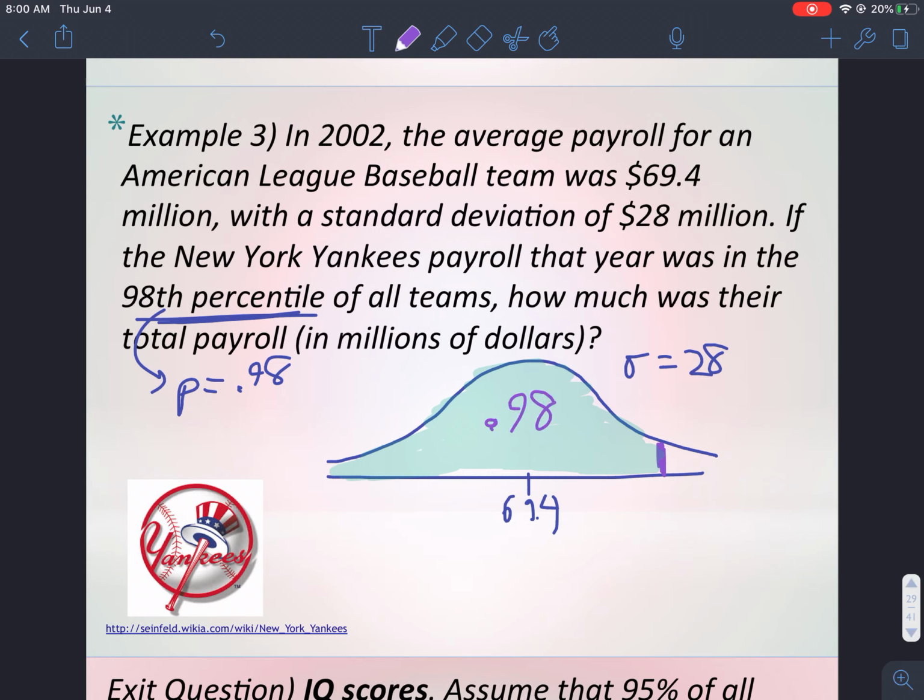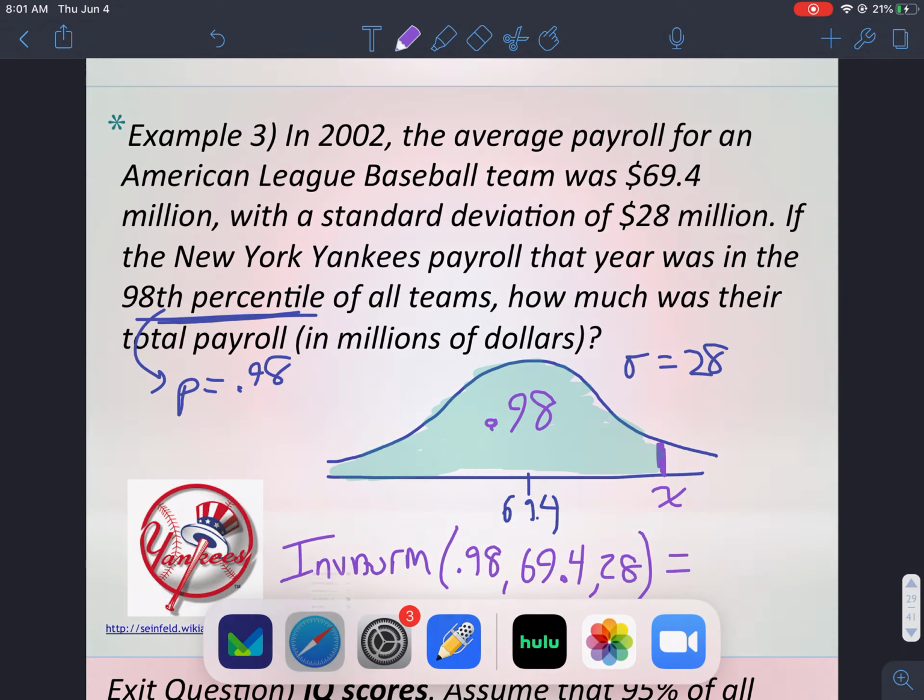And so inverse norm of 0.98, comma, 69.4, comma 28. To the calculator one more time.